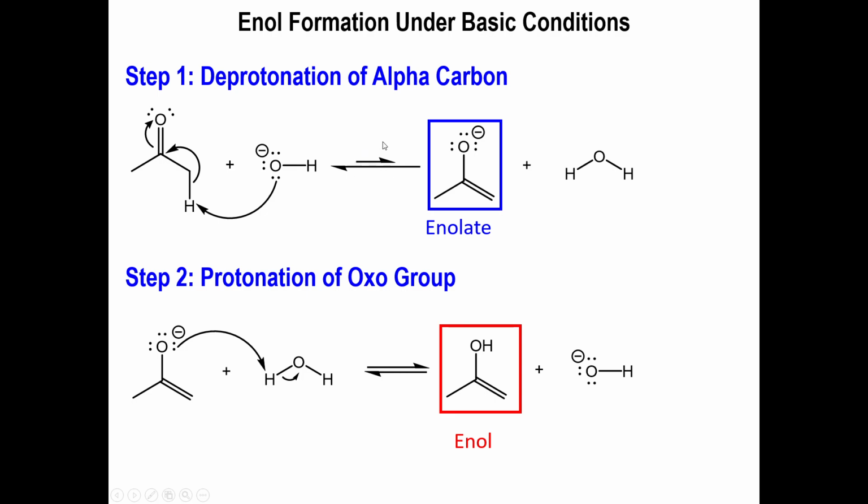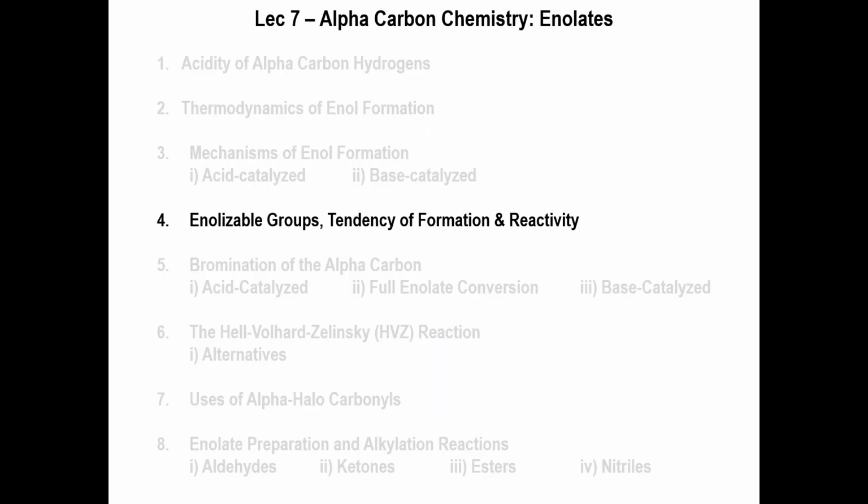I'm highlighting that here by using the equilibrium arrow, showing you that you're only going to be producing a small amount of the enolate because you're not really dealing with a strong enough base to drive this to completion. We'll talk about which kind of bases to use to ensure that this goes to completion, but this will be an equilibrium at best.